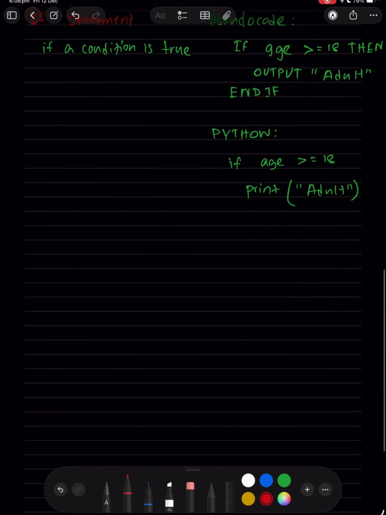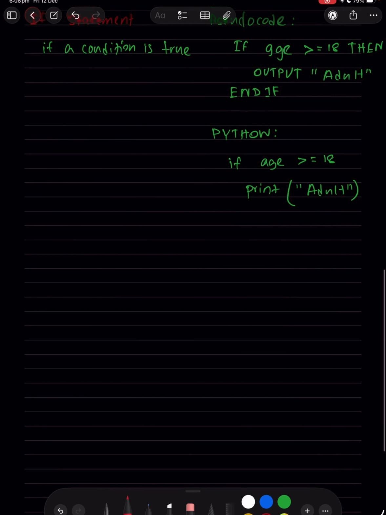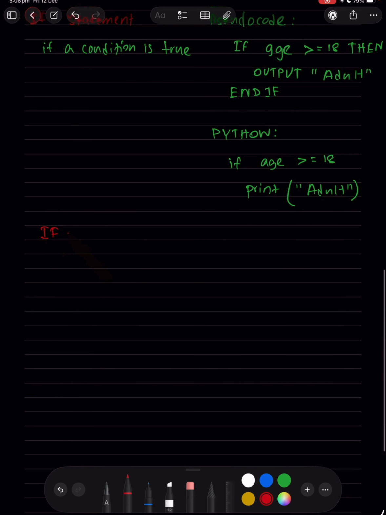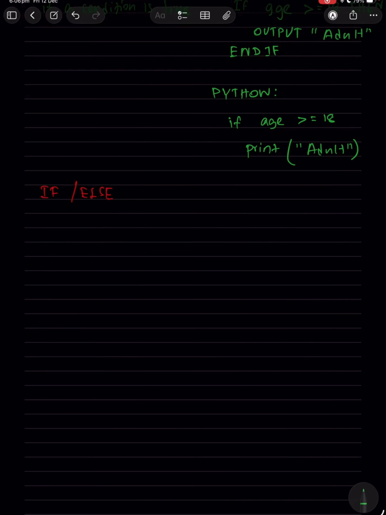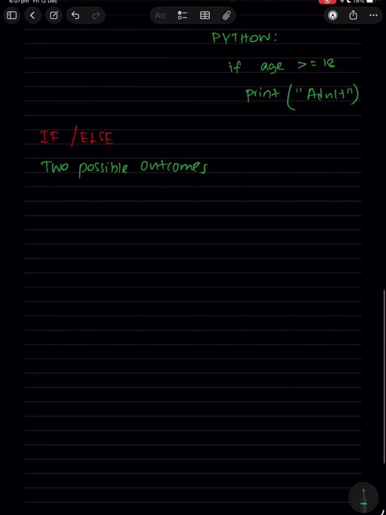Let's now move into if and also else. You will use this when you need to consider two possible outcomes. I would again show it in pseudocode.